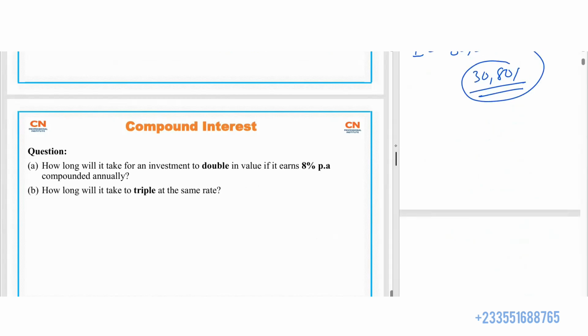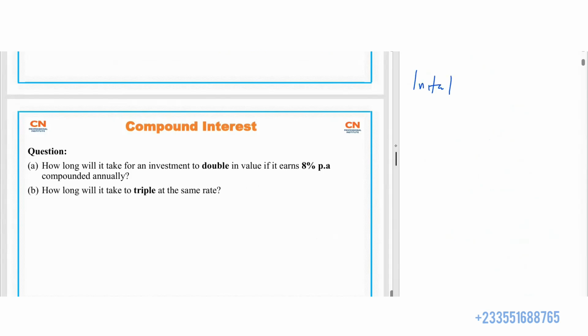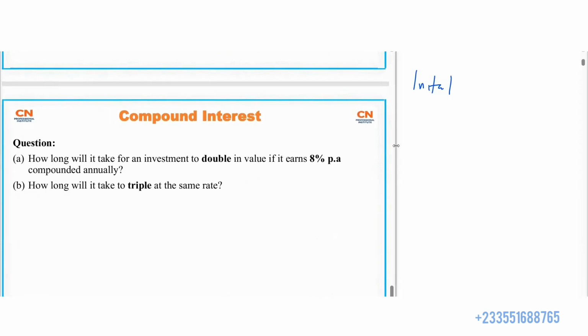So here, what we can do is, with the initial amount, let's say the principal be P. Let the initial amount be P. That's the principal, we all know.